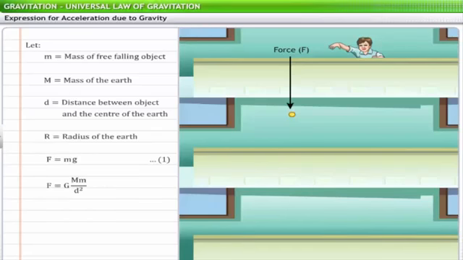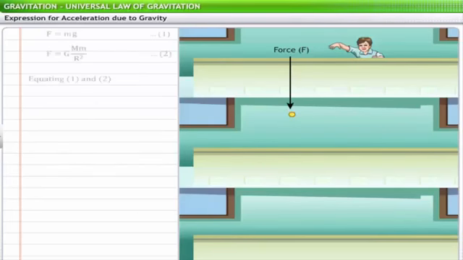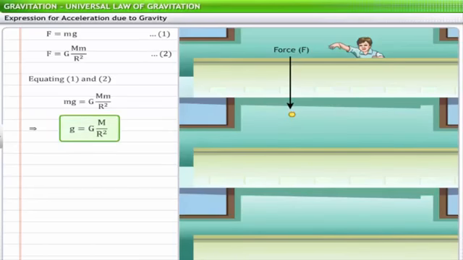When the object is near to or on the surface of the Earth, the distance d is taken as equal to the radius of the Earth R. Let this be equation 2. By equating 1 and 2, we can calculate the acceleration due to gravity as g is equal to G multiplied by M divided by R squared.